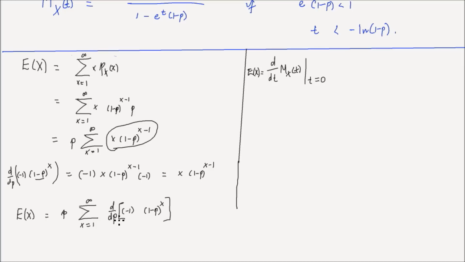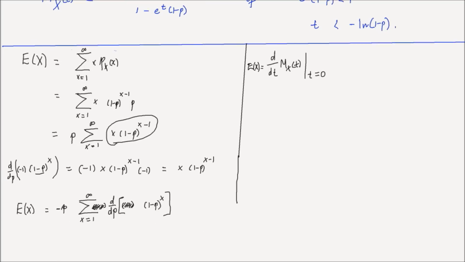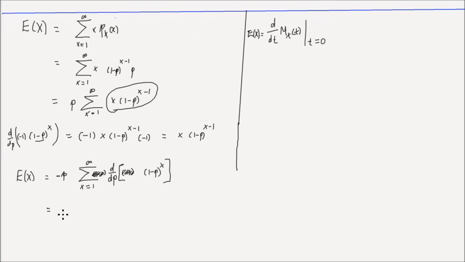Negative 1 is a constant with respect to p, so I can take it outside of the derivative. In fact, I can actually take it outside of the summation because it does not depend on x. So you have negative p. So the expectation would be minus p times the sum x from 1 to infinity of the derivative with respect to p of 1 minus p to the power of x.